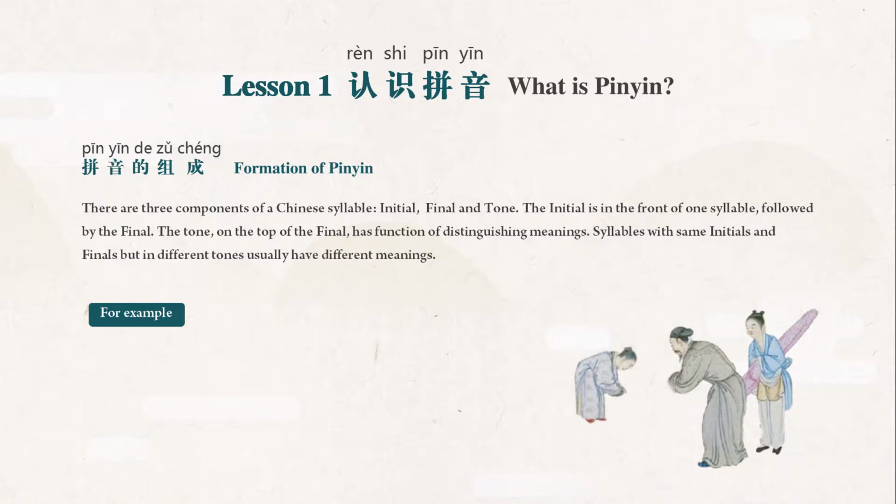Syllables with the same initials and finals but in different tones usually have different meanings. For example, initial n plus final i and with the third tone, we get 你, which means you.